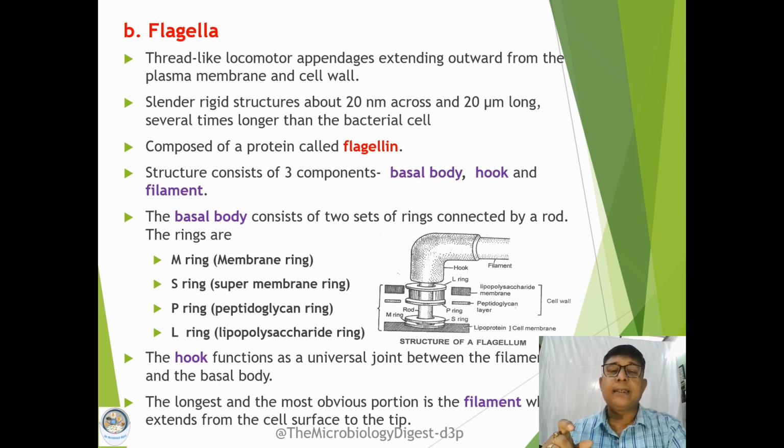As I said, the longest and most obvious portion of the flagella is the filament. The filament is the last component of the flagellum after the basal body and then the hook, and it is very long.